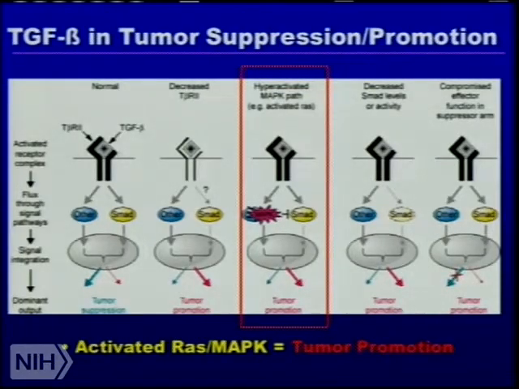So this is shown here in this slide, the various pathways that can go wrong with TGF-beta being a tumor promoter. So if the RAS MAP kinase pathway is activated, then the tumor suppressor activities of TGF-beta can theoretically be circumvented to allow tumor promotion to predominate.